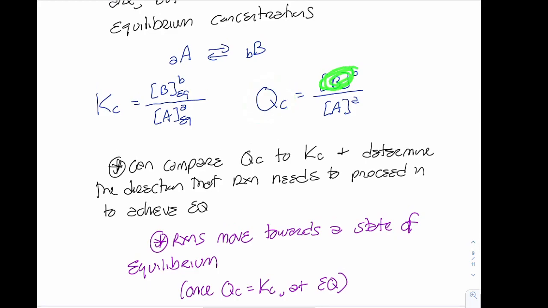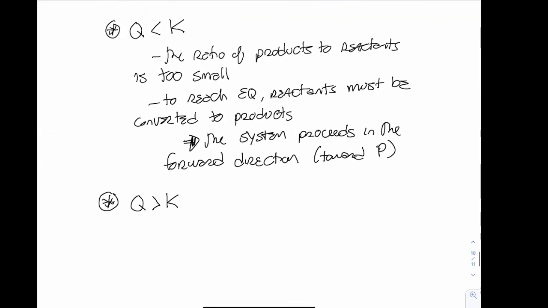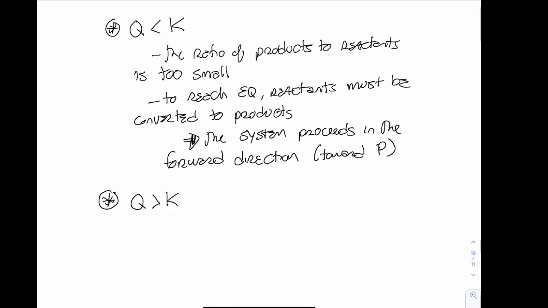So my number on the top is too big, my number on the bottom is too small. So to make this smaller, I need to decrease this, I need to increase this. So we're going to go towards A. We need less B, more A. Again, remember, K is our goal. It's too big right now. I need to make that ratio smaller.